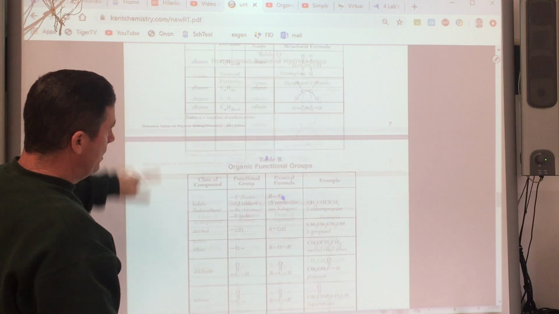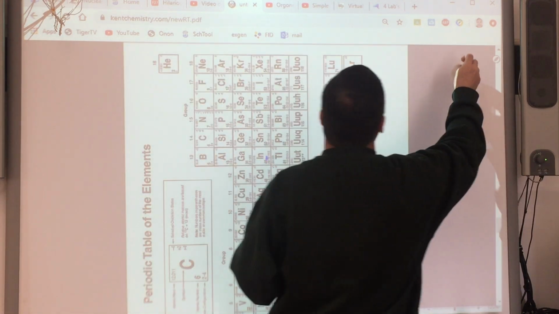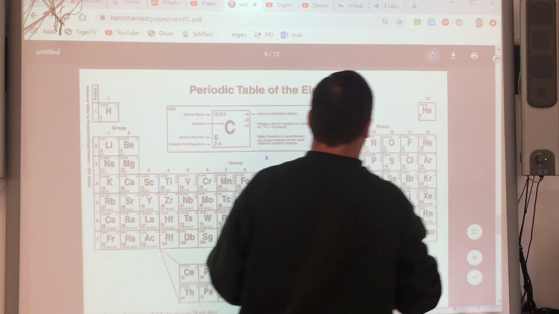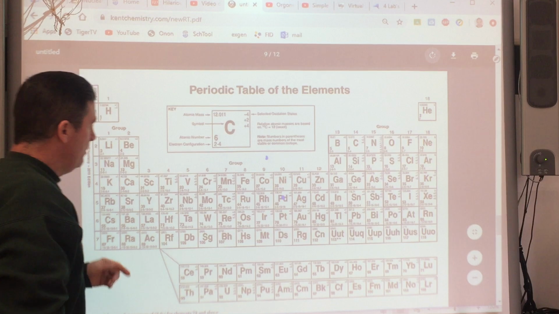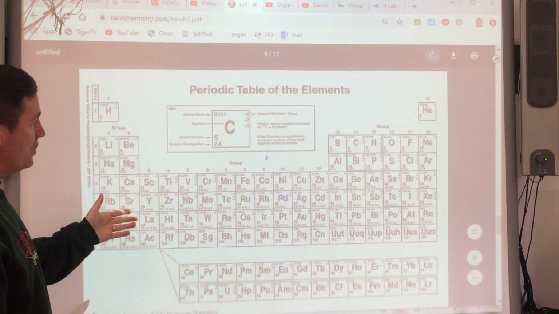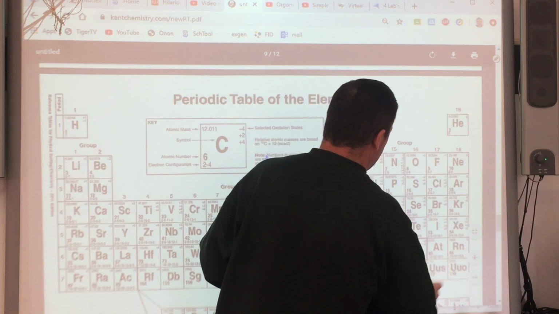You're going to have the ability here to kind of do some cheating, because this particular periodic table of the elements shows all the different oxidation states. Not all of them, but a lot of them.